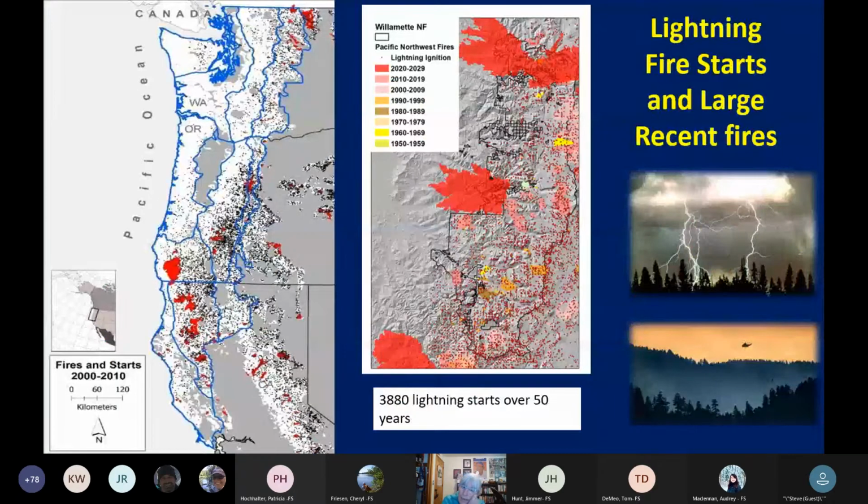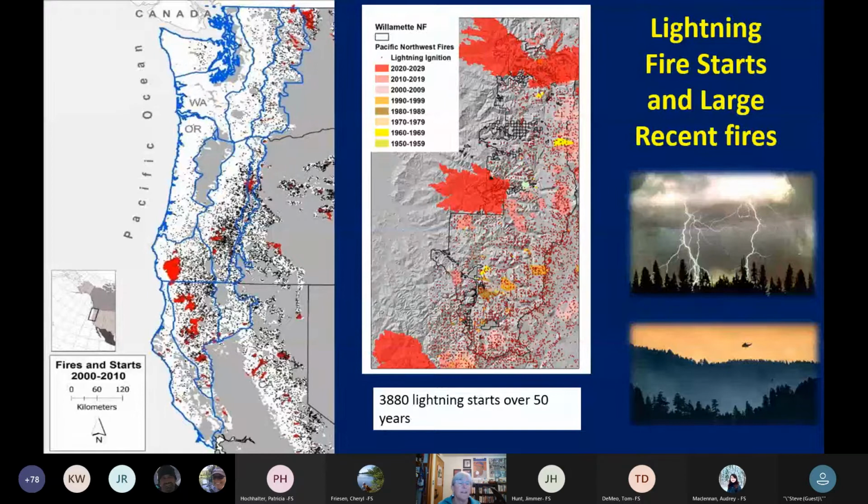So I wanted to take a look at what opportunities in our modern world we've had for fire activity. The left-hand panel here represents lightning ignition start fires that were suppressed over a 10-year period that are in the black dots.